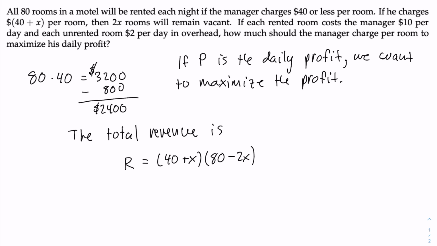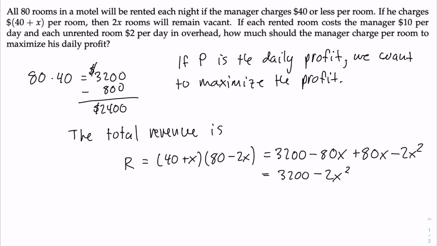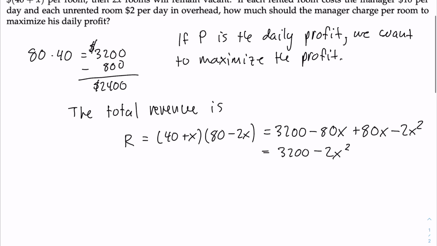So 80 minus 2X will be the number of rooms that are rented. We have to FOIL this out. What do we get? 3,200 minus 80X plus 80X minus 2X squared. So we get 3,200 minus 2X squared. So that's revenue.